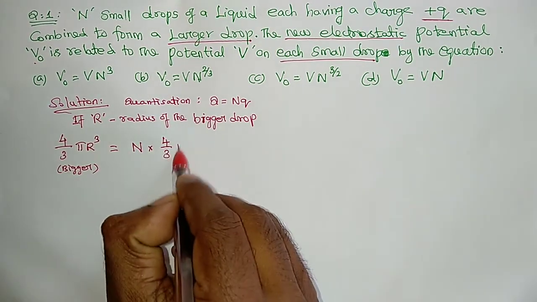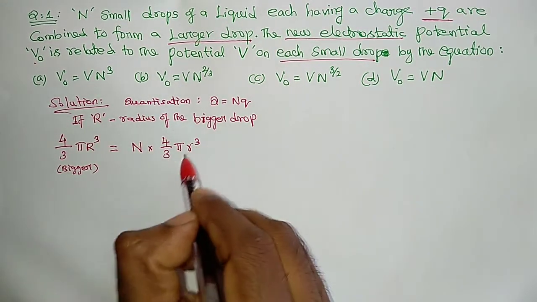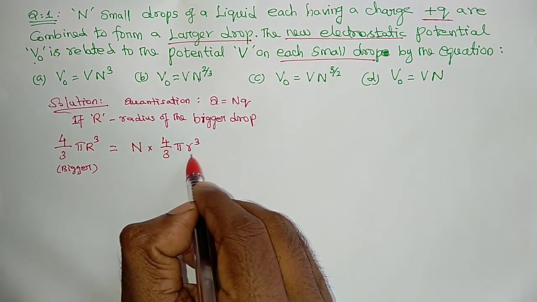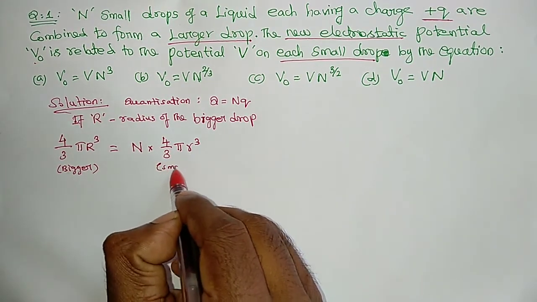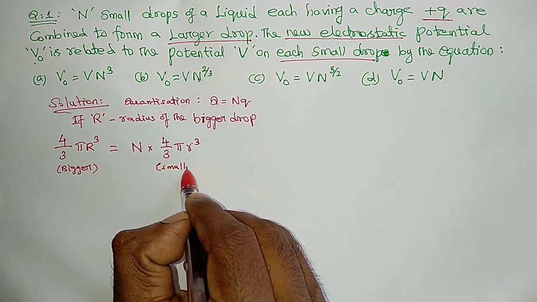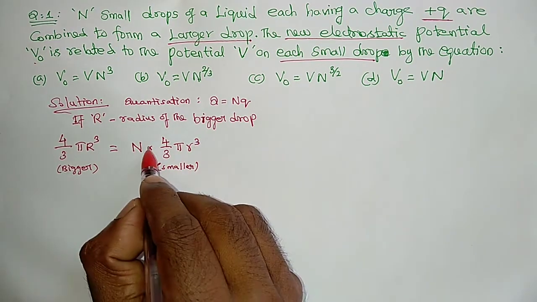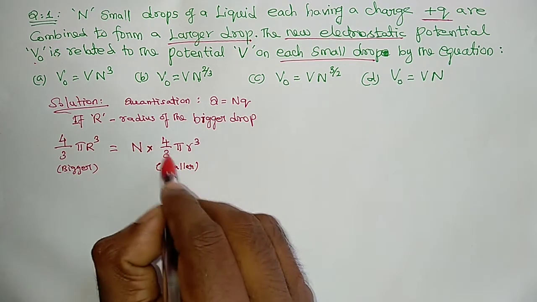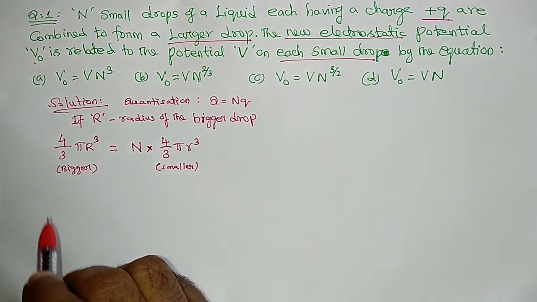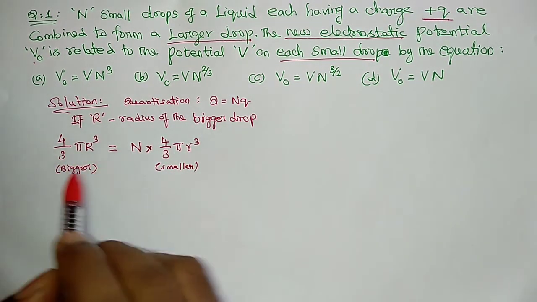If r is the radius of the smaller drop, the volume of the smaller drop is 4/3 pi r cube. So n number of smaller drops are combined to form the larger drop. This is the first assumption.